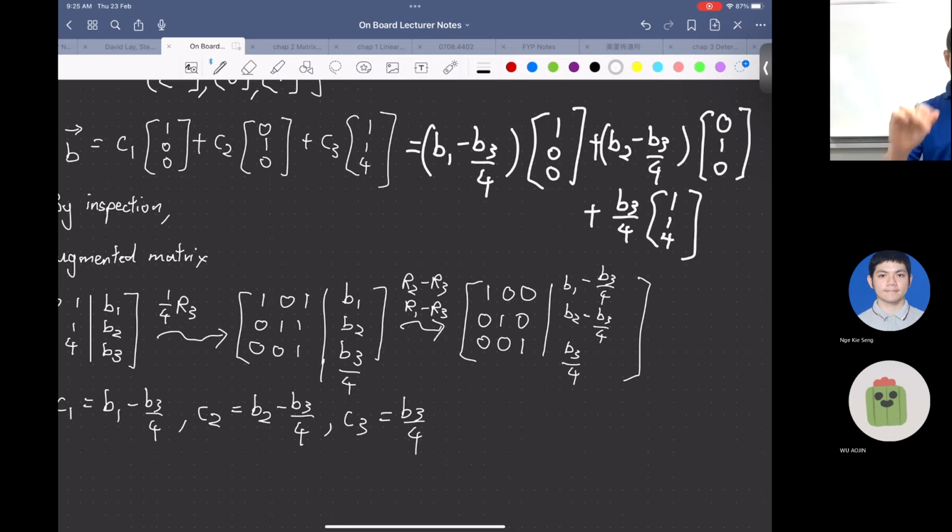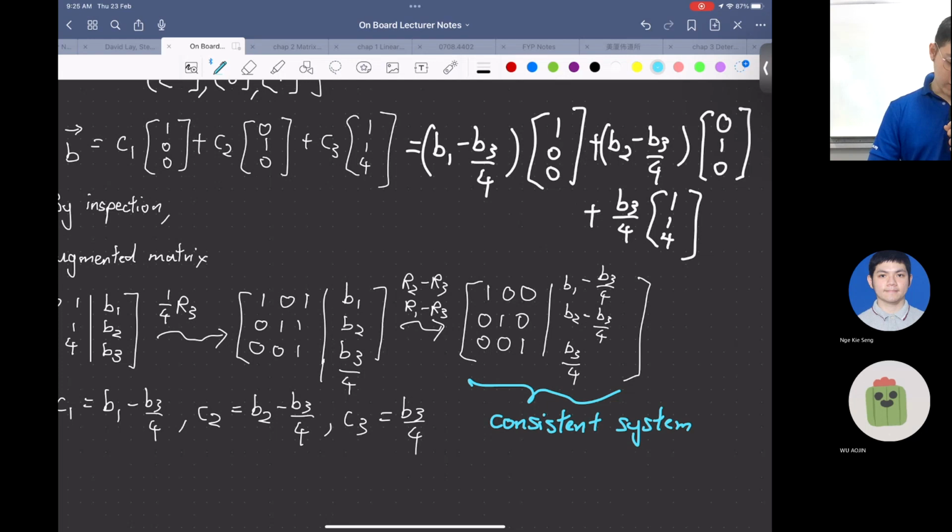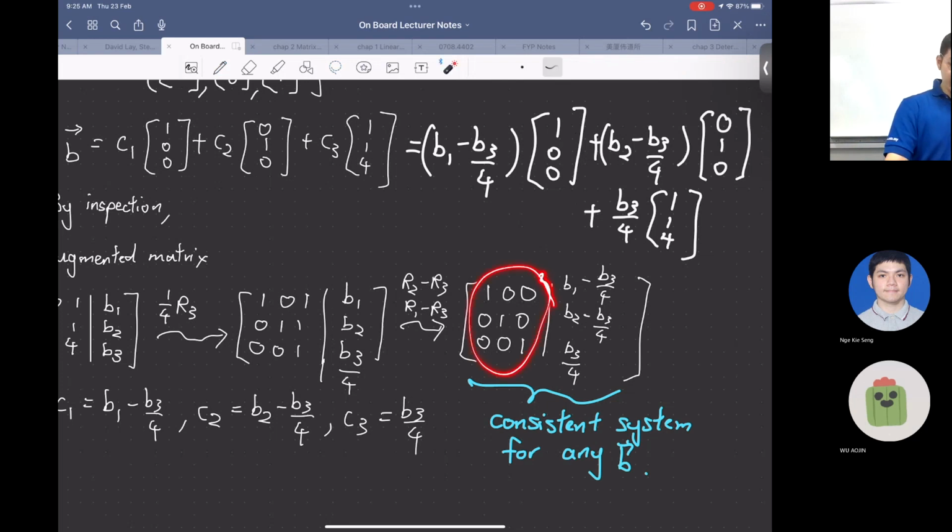Okay, I'm a bit too excited here because before that, you have to make sure that this is actually a consistent system for b. Okay, it's a consistent system because in a square matrix, every row has a pivot.